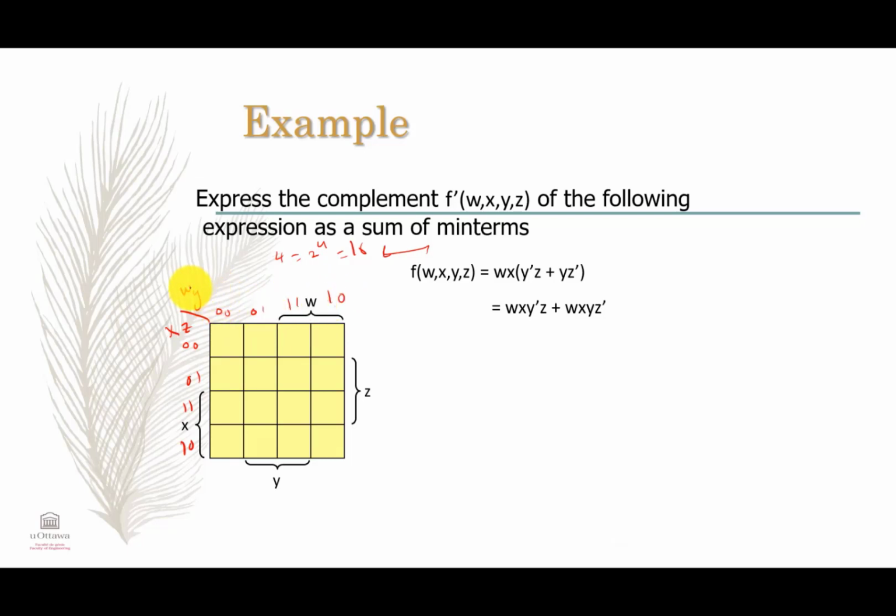Now the 0 here will indicate y prime and w prime. Here it will be w prime and y.